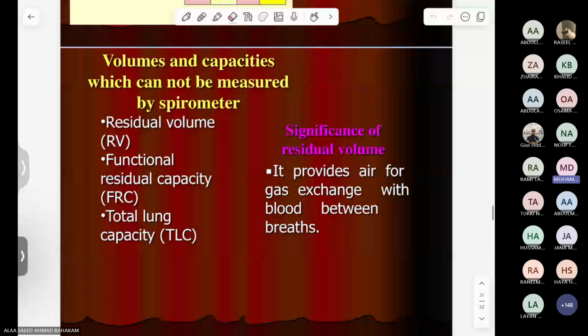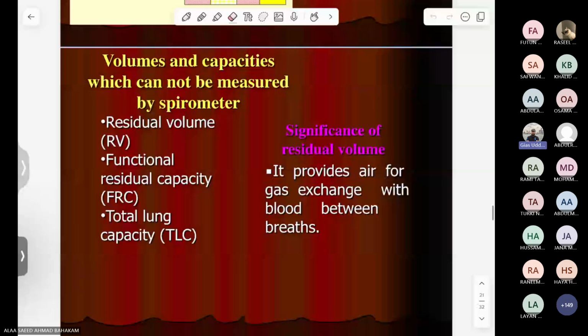For emergency? What kind of emergency? Emphysema, maybe. No, actually, there's a physiological function. The function is this amount of air we need all the time because the gas exchange is happening between the alveoli and the capillaries all the time.